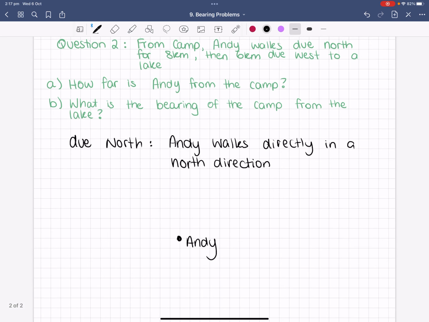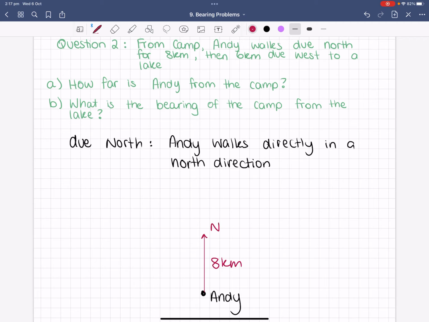He walks due north for 8 kilometers, which means directly up for 8 Ks, because that's our north.